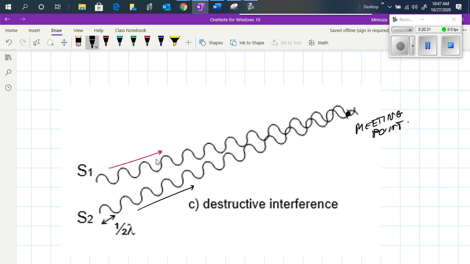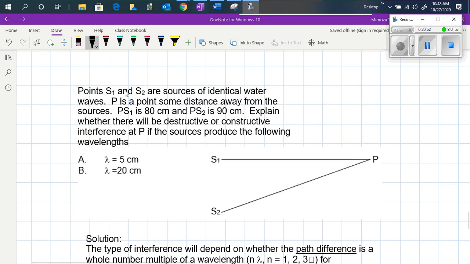So when the maximum of the first one is reached, the minimum of the second one is reached. As they meet each other, they cancel out each other. So this is known as total destructive interference.